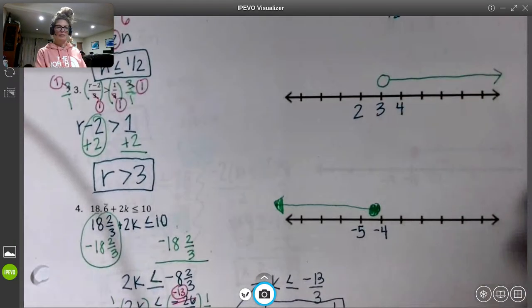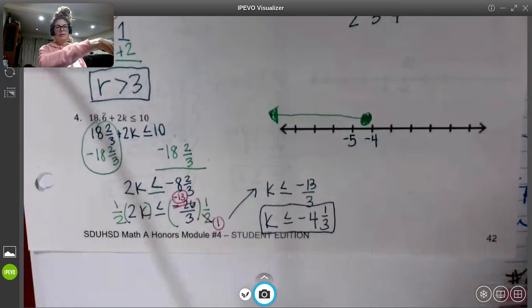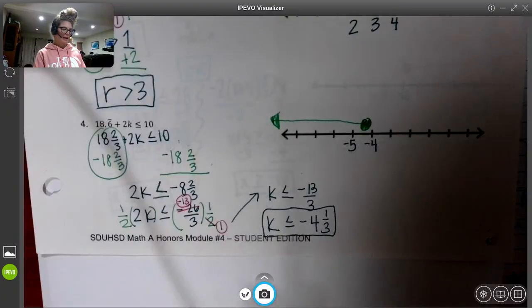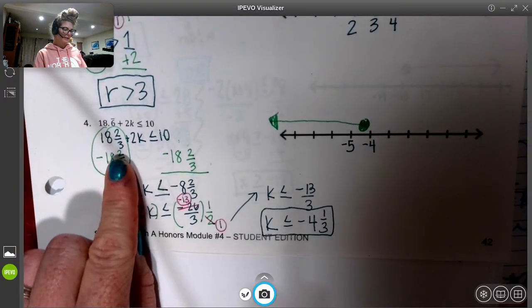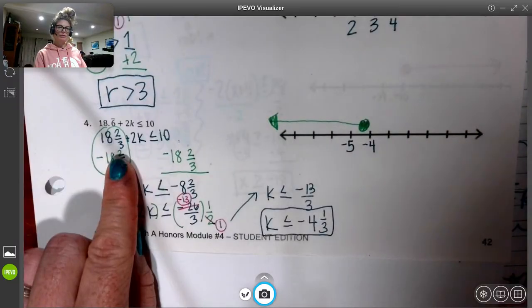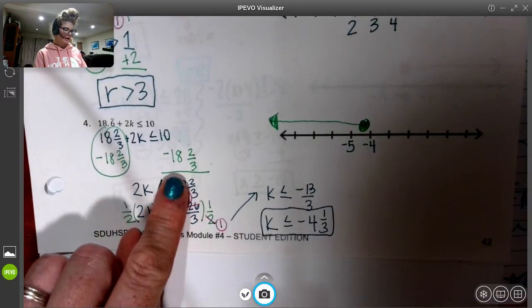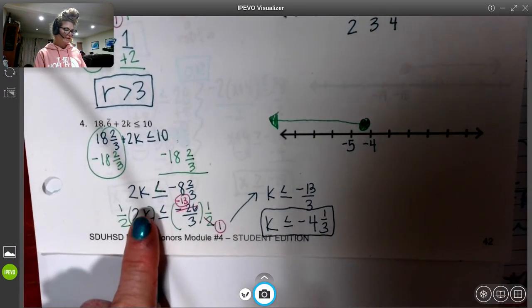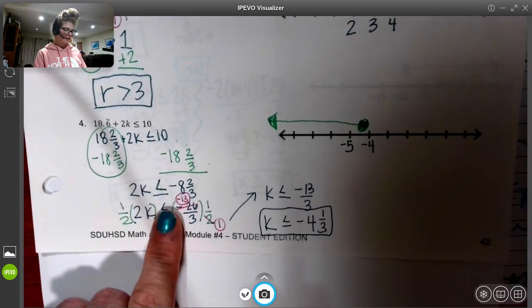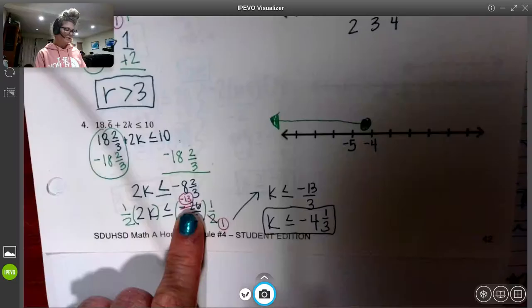If we take a look at number 4, maybe you remembered that when you have a repeating decimal, we're going to write that as a fraction, so 18 2/3 plus 2k is less than or equal to 10. Subtracted 18 2/3 from both sides, ended up with 2k is less than or equal to negative 8 2/3.